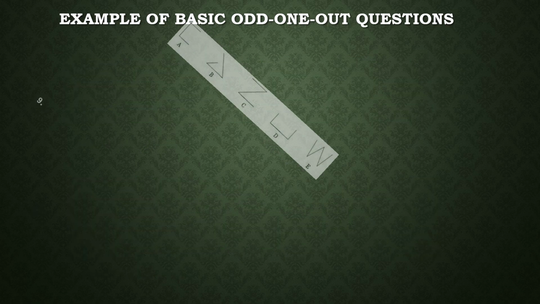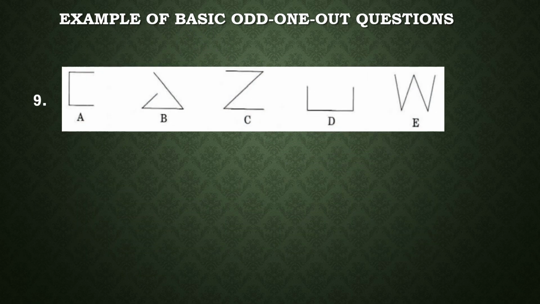Now let's see another type of example. So in the ninth example, we can see there are different shapes. What is a common rule we can see? If we see very closely, in most of the images, we do have three lines which are making that particular shape.